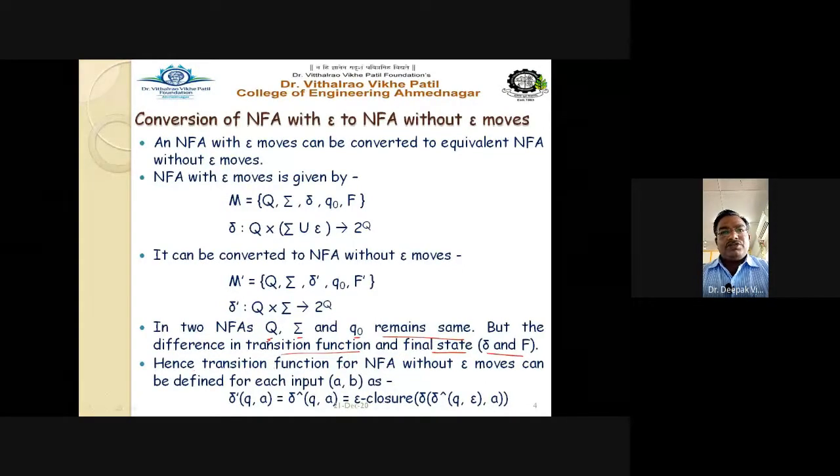So hence the transition function for NFA without epsilon moves can be defined for each input A, B as follows. See how the conversion takes place. What do you have to find here? We have to find delta dash. So how do we find this delta dash?